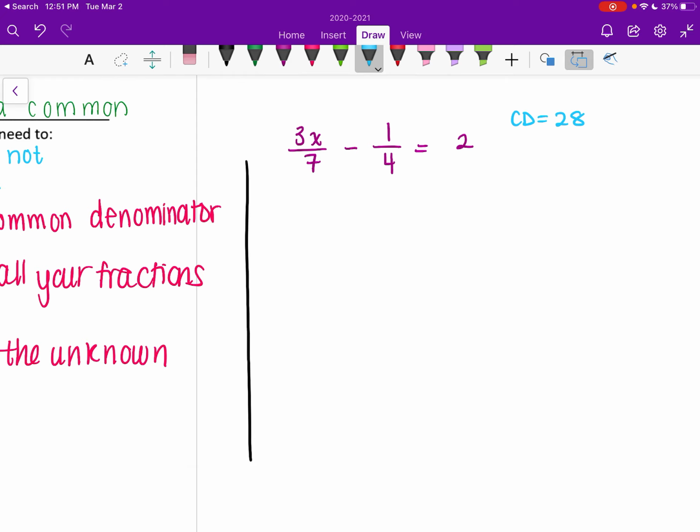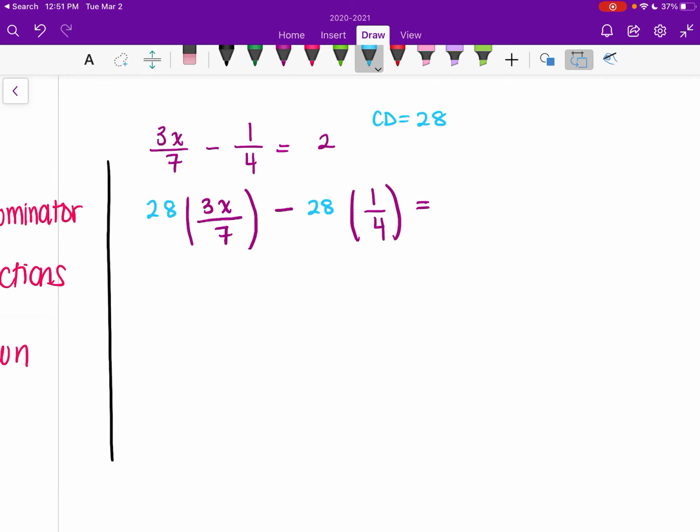So now what I'm going to do is I'm actually going to go back and multiply every term by 28, right? So let's do that. So I'm going to rewrite this out. So I'm going to do 28. And every term is just anything that comes before a plus or a minus sign, right? So 3x over 7 minus, so then we got to put in a 28 here, 1 over 4 equals, and that's a new term, 28 times 2.